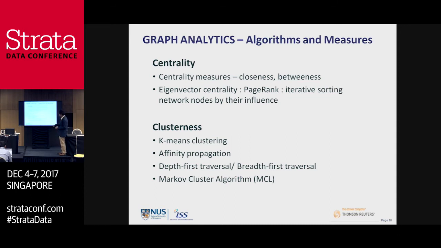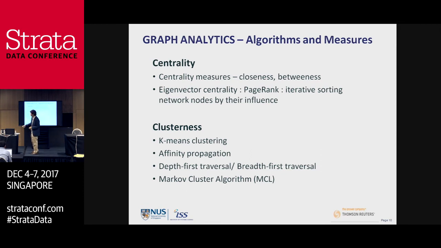We have K-means clustering. We have affinity propagation, which is another clusterness algorithm. In fact, we use affinity propagation for our supply chain analytics to identify supply chain hubs. Again, I'll leave that to my colleague.